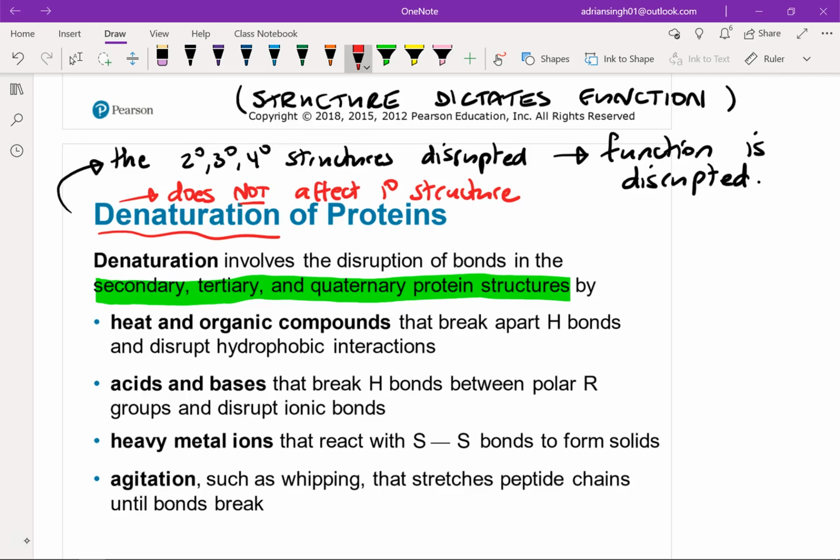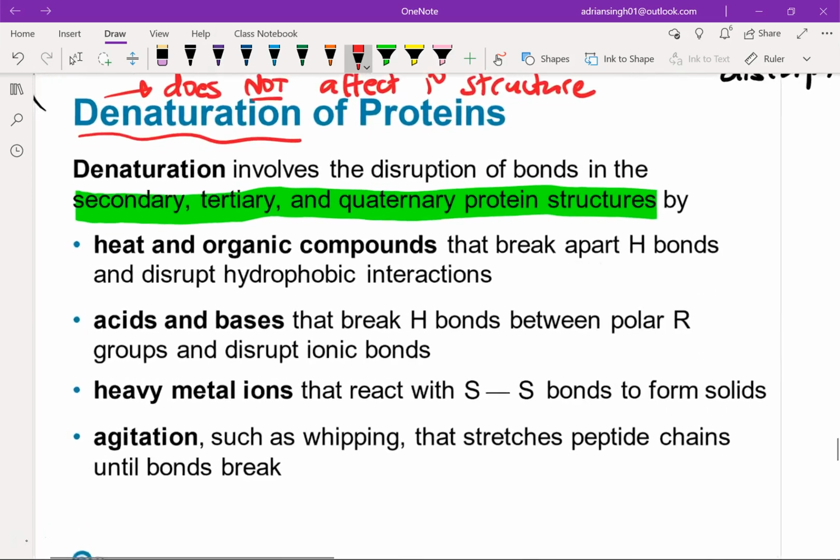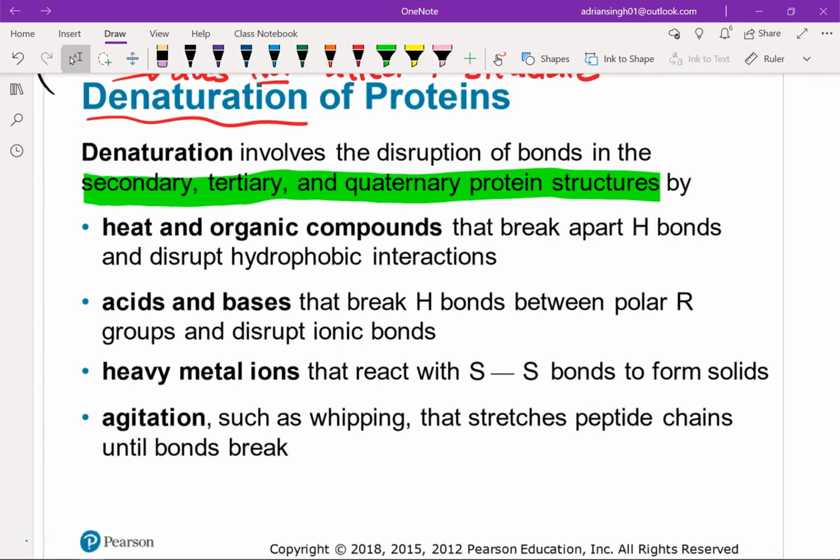So what are some things that can denature a particular protein? Well, there's several things. Some of these you actually take advantage of. So heat and different types of organic compounds can disrupt protein structure by disrupting specifically the hydrogen bonds and also the hydrophobic interactions.